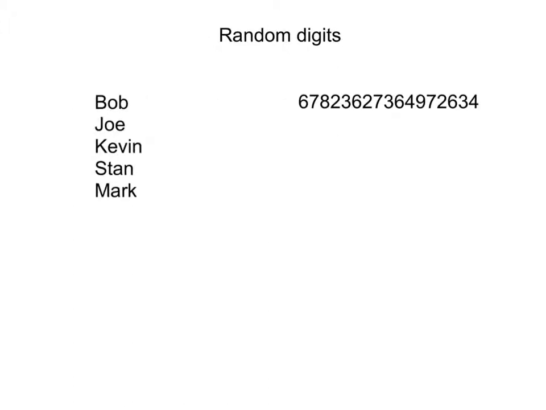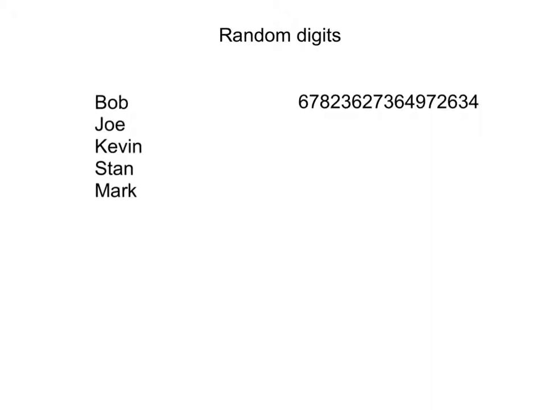Then we have what's called random digits. Usually this is used when you're given a random digit table or a random number generator. This is also on your calculator, or sometimes the AP free response data and graphs packet with all the different Z and T distributions will give you a list of random digits.